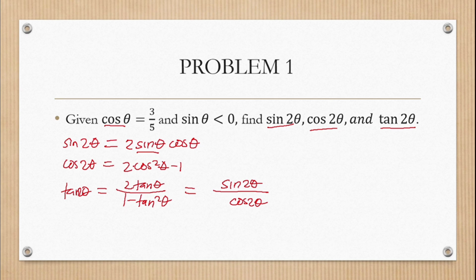So let's first solve for our sine theta, in order for us to get sine 2 theta. By the use of identities, we have sine squared theta plus cos squared theta is equal to 1. So sine squared theta plus (3/5) squared is equal to 1.